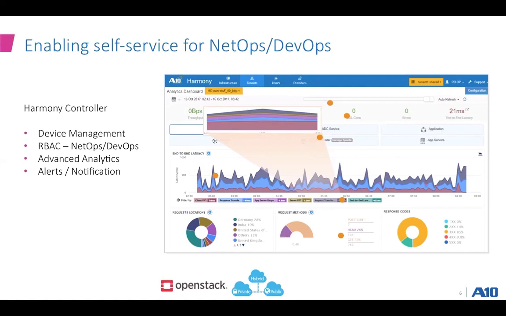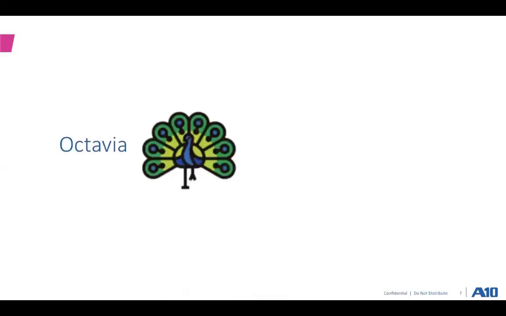A simple use case: if you are running into an application error, you can easily configure a webhook as well as post a message into your Slack channel. That way it will alert you the moment the incident happens. And this is enabled in OpenStack as well as across the hybrid cloud. So with that, I'm going to pass it over to Richu.